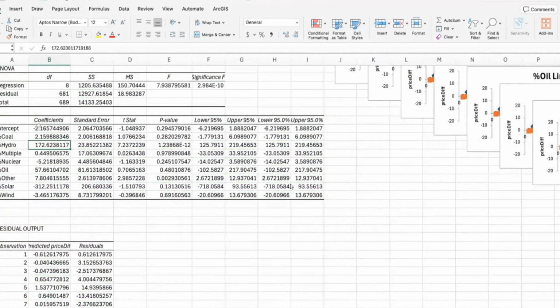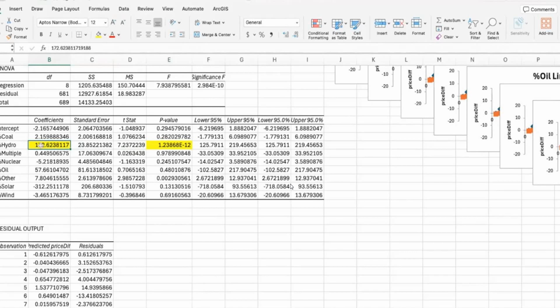So the coefficient is, with an increase of 1 unit of the independent variable, the coefficient unit change we will see on the dependent variable. So here with this 172, we can interpret 1%, so 1 unit change.